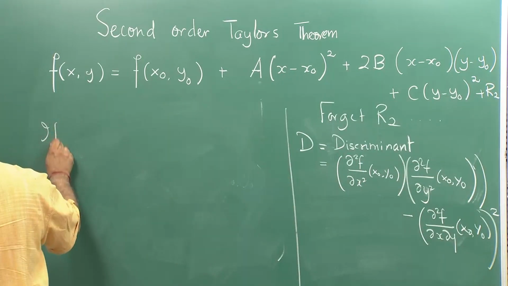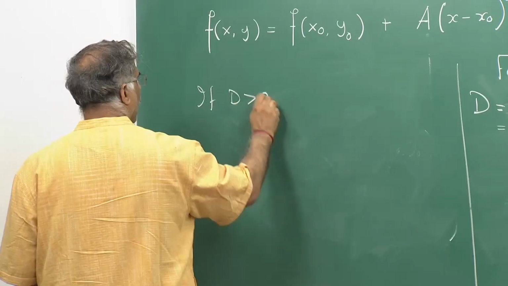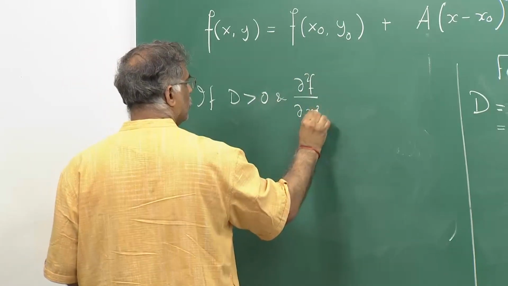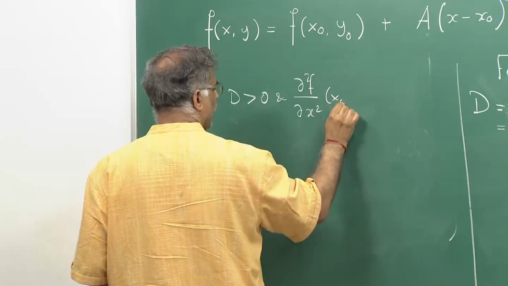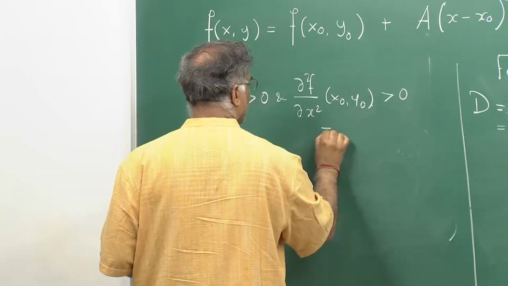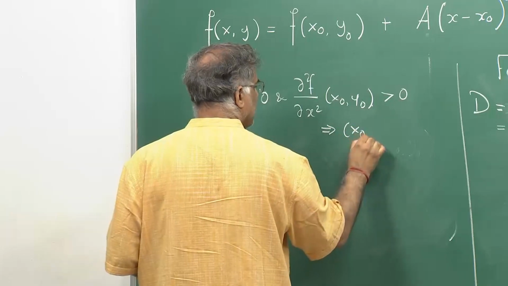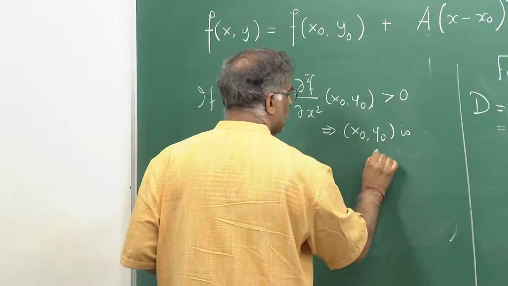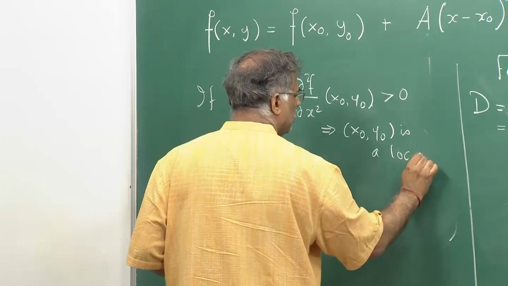If D is greater than 0 and del 2f del x2 at x naught y naught is strictly greater than 0, it implies, the same AC minus B square, whatever we have written for the other one, x naught y naught is a local minimizer.